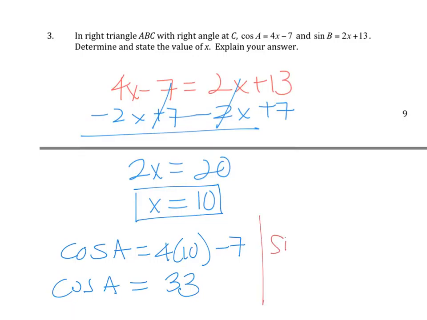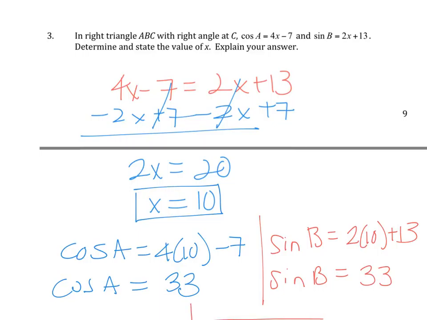And sine of B is equal to 2 times 10 plus 13. So that's 20 plus 13, which is 33 also. Okay, so this is what was supposed to happen. These two values are the same. Okay, so this is the function of the angle is equal to the value of the ratio of the sides.